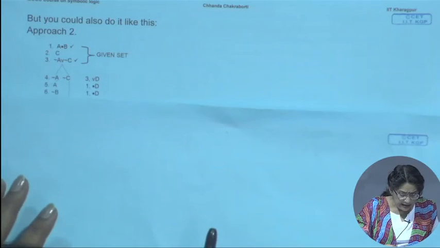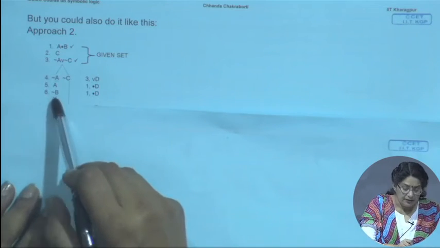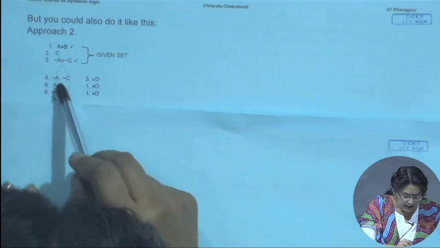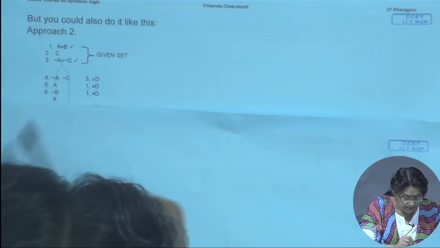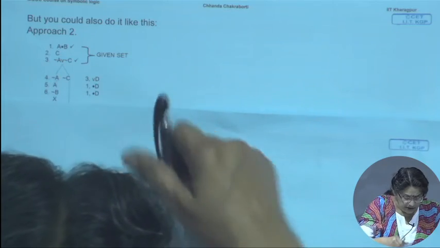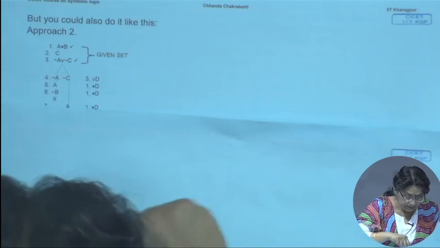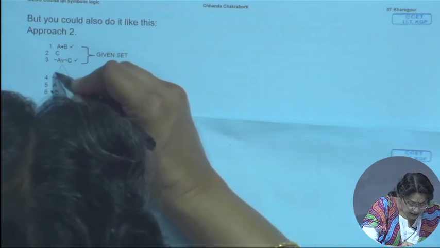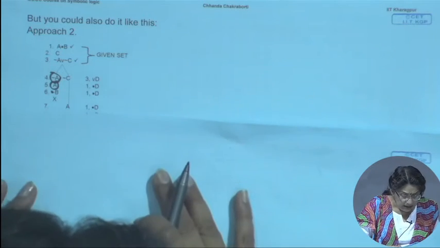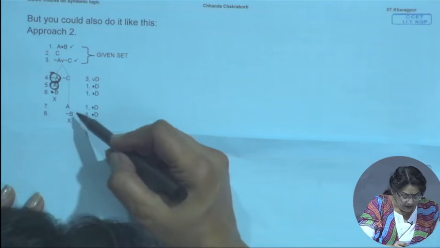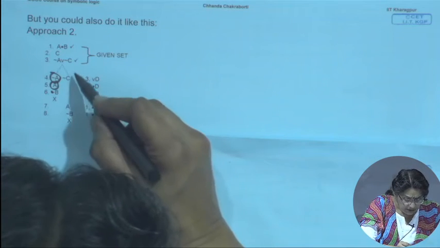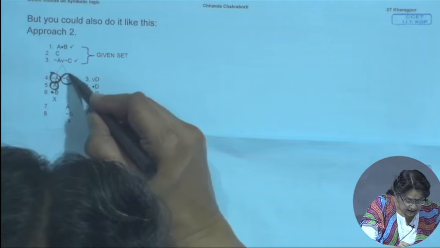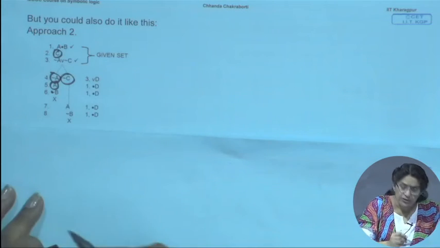Okay. So, after line 4, this person is doing line number 1 decomposition on this side, and the result is A and B. Sorry, this is not a tilde B, this is just B, and then this is where you need to stop, because you have A and not A. In lines 7 and 8 you have A and tilde B, and here you need to see that here is tilde C and here is C. So, the branch closes.